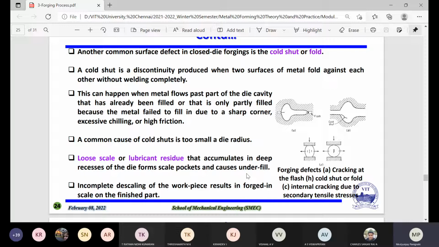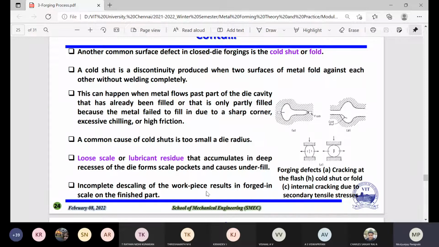If this is very loose, or you are accumulating it there, and also one more is lubricant residue. Whatever lubricant we are putting, sometimes after finishing some operation, you will find some slurry or some waste kind of material. If that accumulates, you will find some defect there, because all the material will not pass properly.